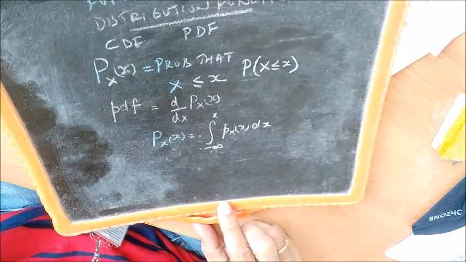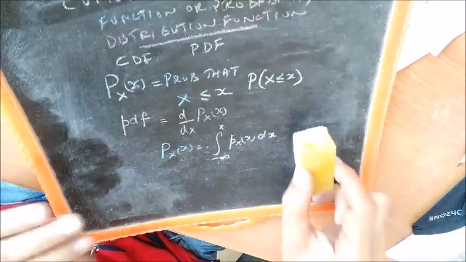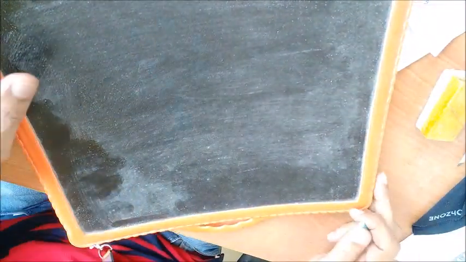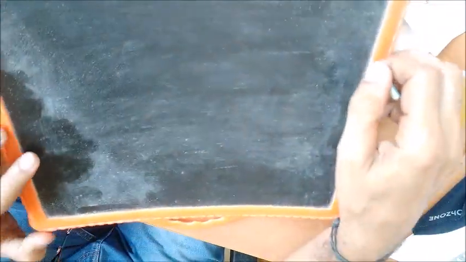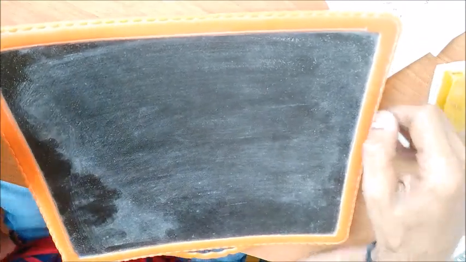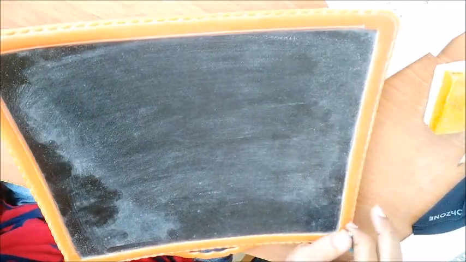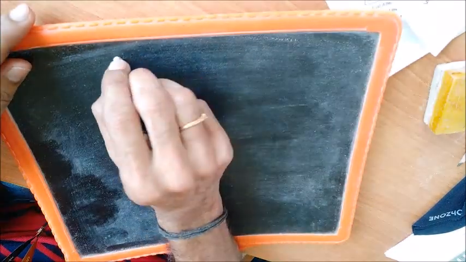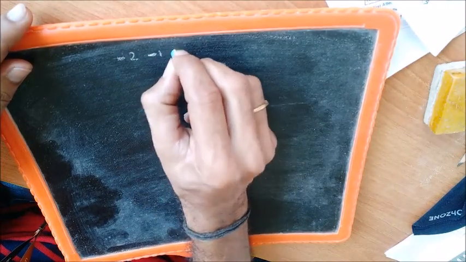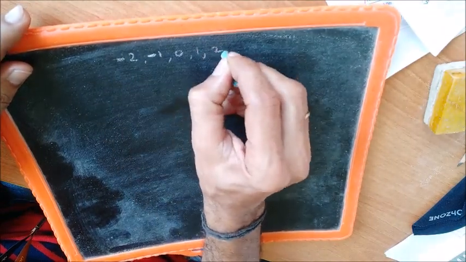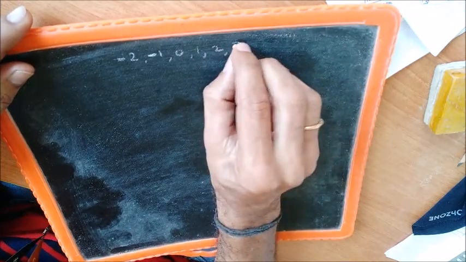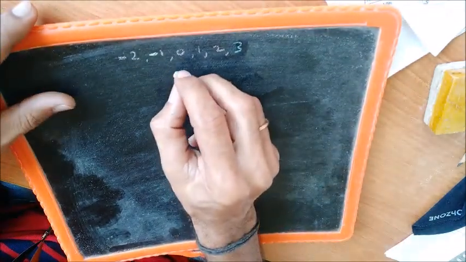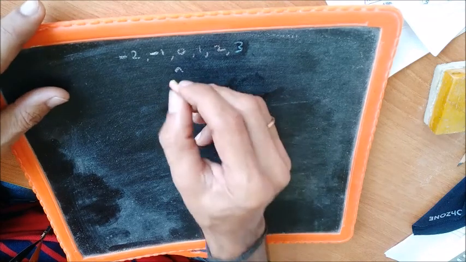Now, if we take the case of the random variable which we obtained by mapping the 6 faces of a die onto -2, -1, 0, 1, 2, 3. If we take this example, let's assume the die is fair.